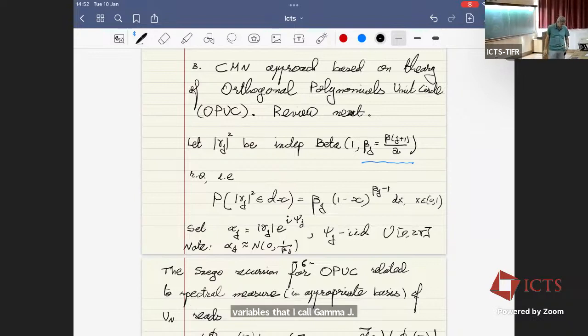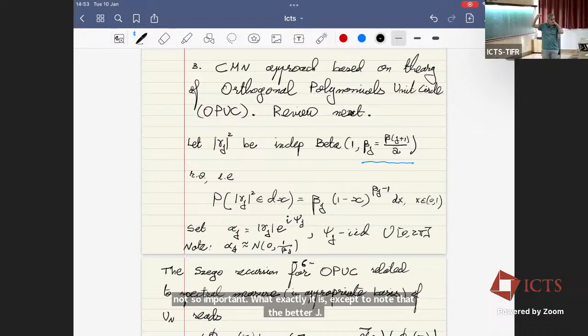I wrote explicitly the distribution. It's not so important what exactly it is, except to note that beta j grows like j times beta. In fact, the variance of this variable will be 1 over beta j, so these variables will have variance 1 over j, roughly.